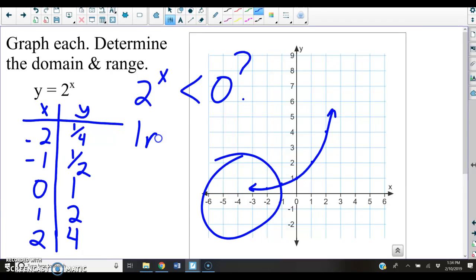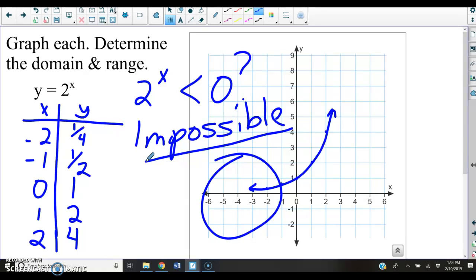And that's impossible. If it's a positive number, you cannot raise it to a small enough or a negative enough power to make it become negative. 2 to the -4th simply becomes 1 over 2 to the 4th. That's 1/16. That's, yes, very tiny, but it's not negative.